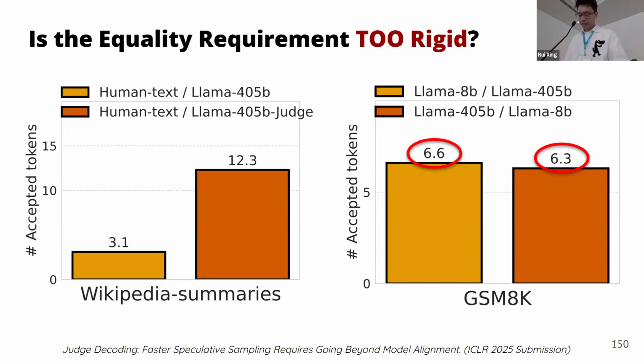From these observations, we can see that no matter how strong or how big your draft model is, it has an upper bound of speculation accuracy, or tokens getting accepted, under this strict requirement.